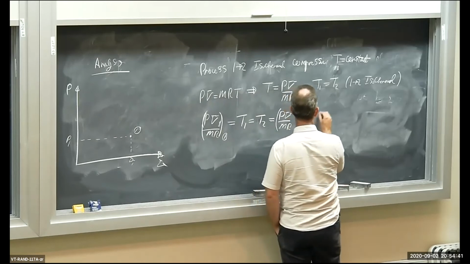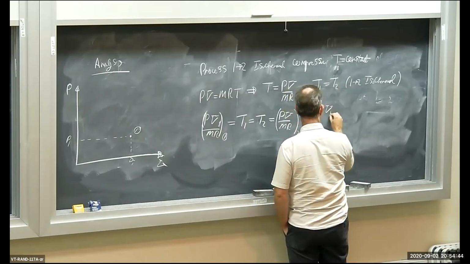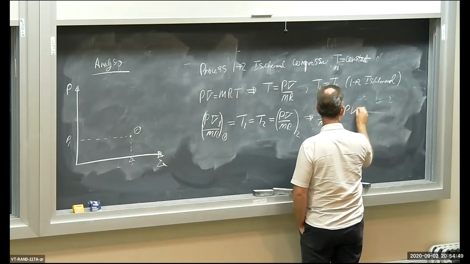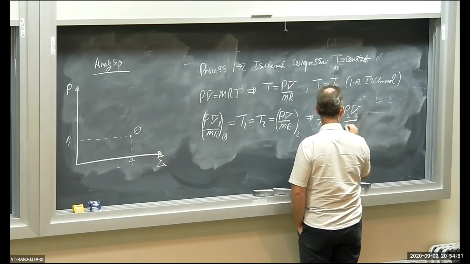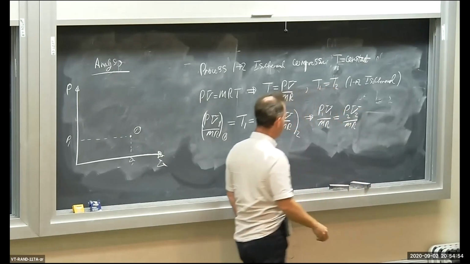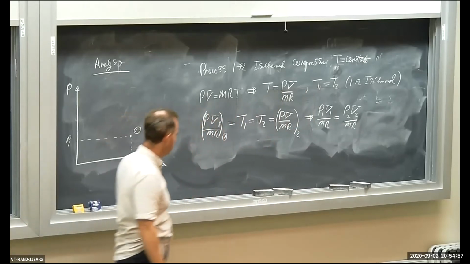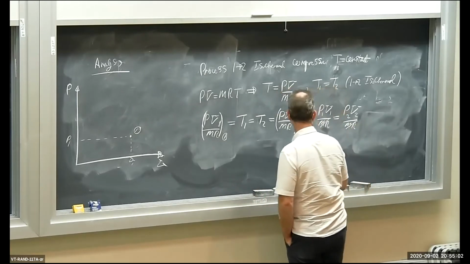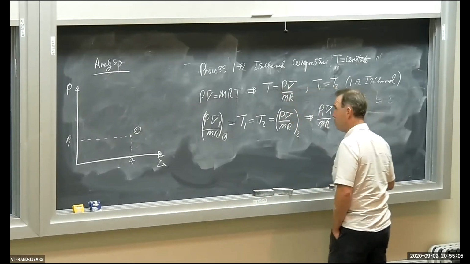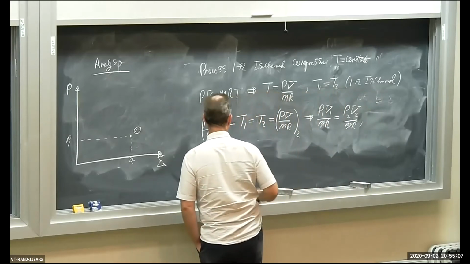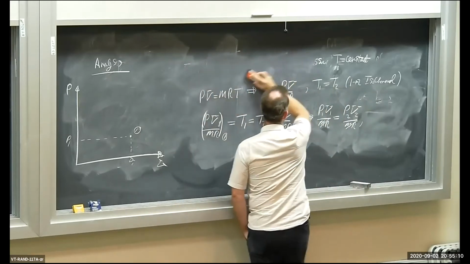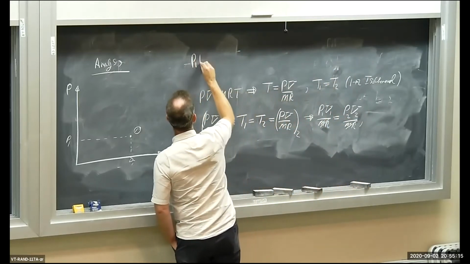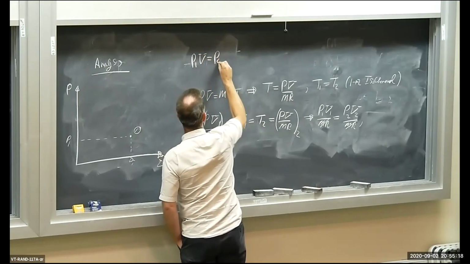So this means P1 V1 over mR is equal to P2 V2 over mR. The mRs cancel, and we end up with P1 V1 is equal to P2 V2.